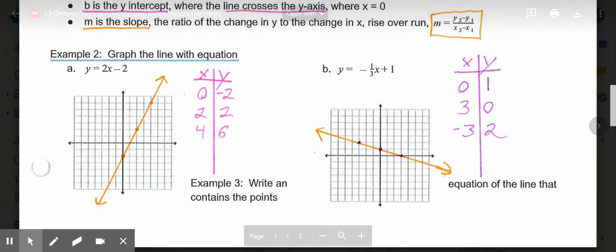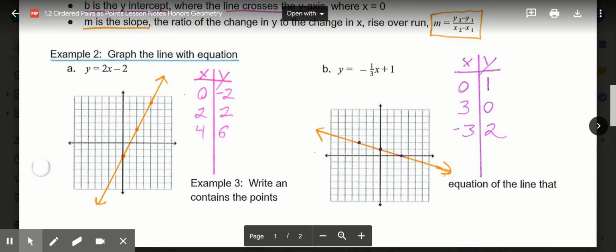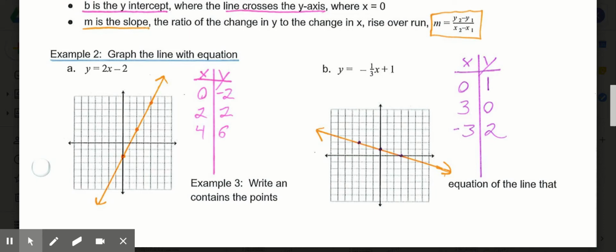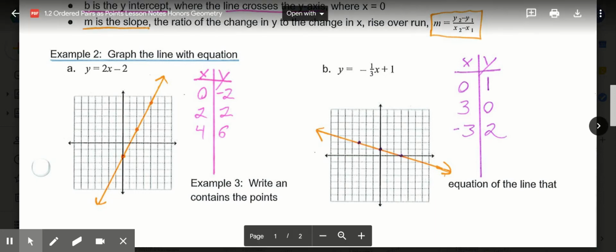And then at 4, 6, we'd go back to 0, 0, go right 4, up 6, and that gives us our third point. Anytime you use this approach of an xy t-table in order to graph a line, it's required to have 2 points, but mathematically you always want to use 3 to ensure that if one of the points is not on the line, you double check to see if you made a mistake.